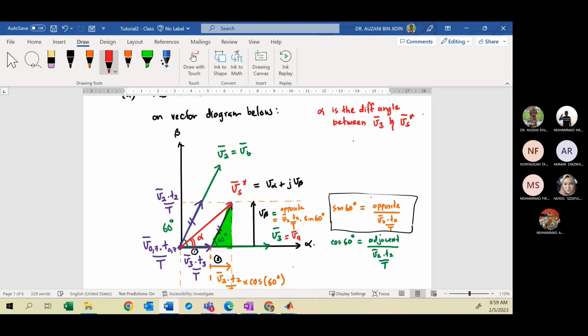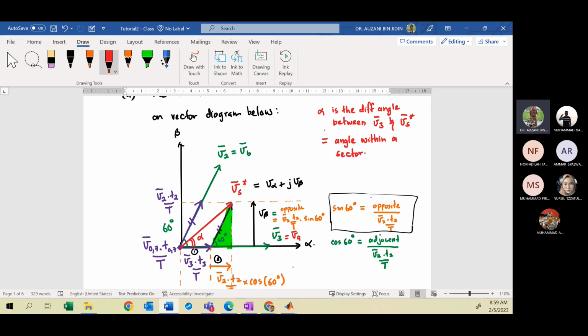Or alpha, we can define it as an angle within a sector, where the alpha value must be in range between 0 to 60 degrees.